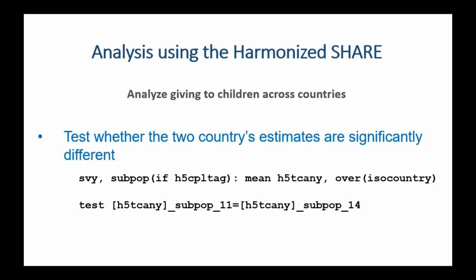So you do need to account for that. I think how you deal with it depends on how much missing there is and what the question is that you're asking. So I hope that answered that question.